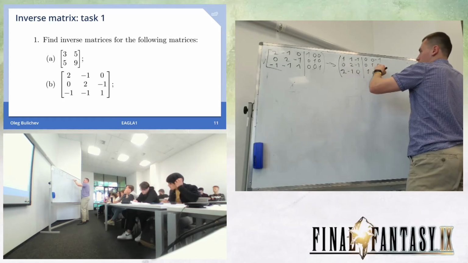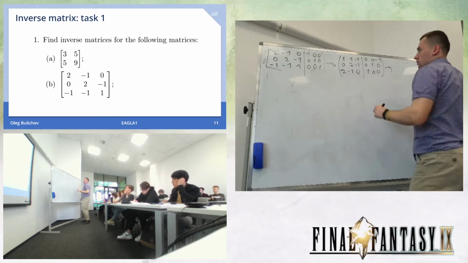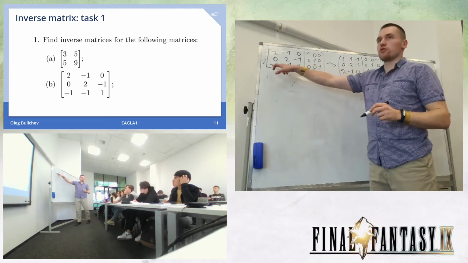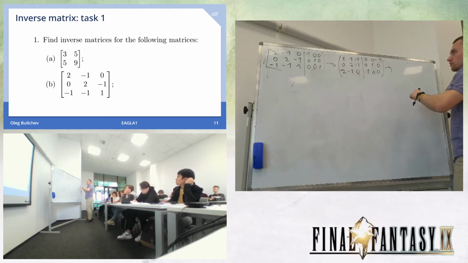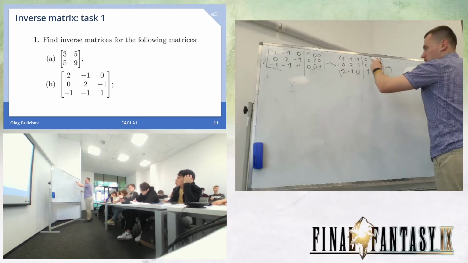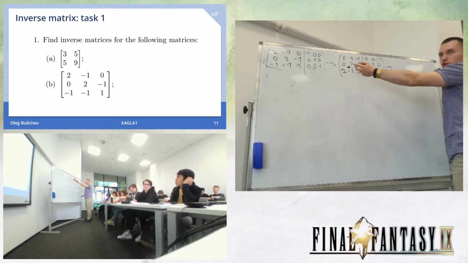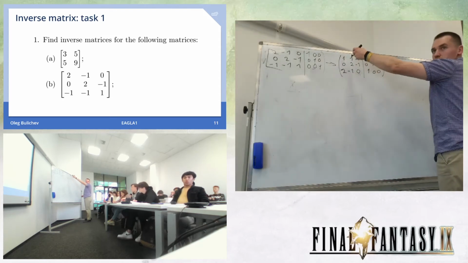Because I have -1, I just multiply by -1. After this, I have 2. What am I doing? Multiply by 2 and minus this 1.